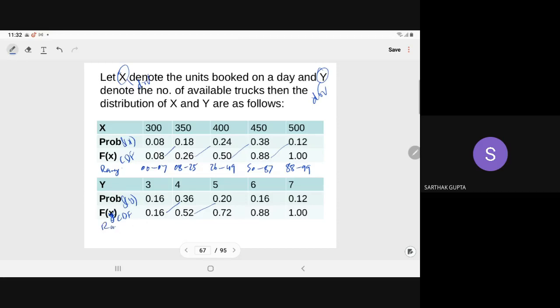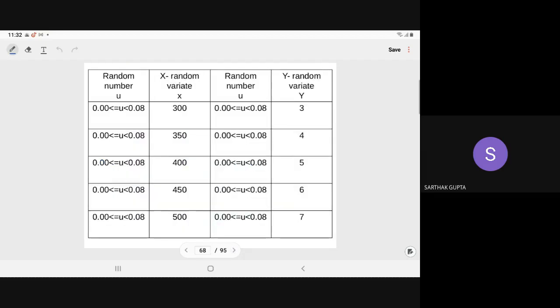So the ranges for generating Y are 00-15, 16-51, 52-71, 72-87, and 88-99. This is the range for generating the number of trucks.